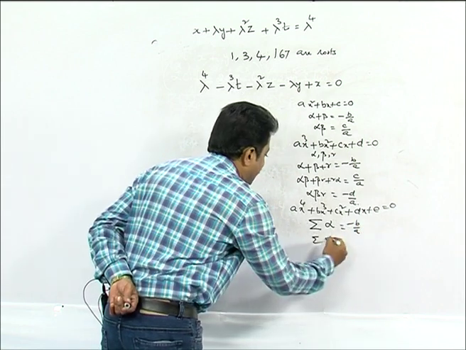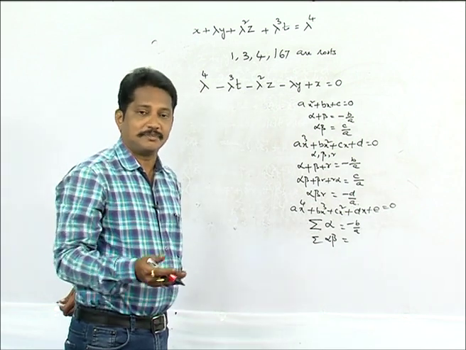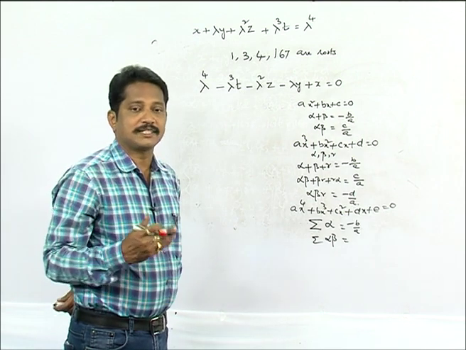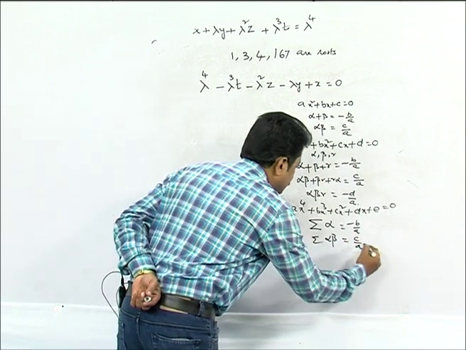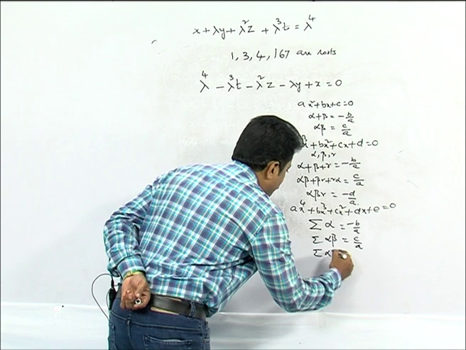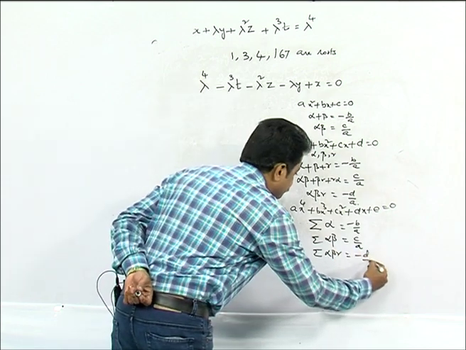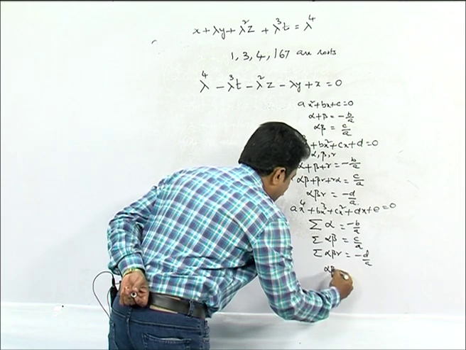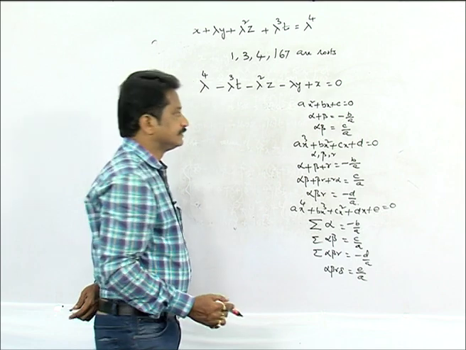Next, sigma alpha beta, meaning alpha beta plus beta gamma plus gamma delta plus delta alpha, is c by a. The next one, sigma alpha beta gamma, three letters, is minus d by a, and the product alpha beta gamma delta is e by a. Is it clear?